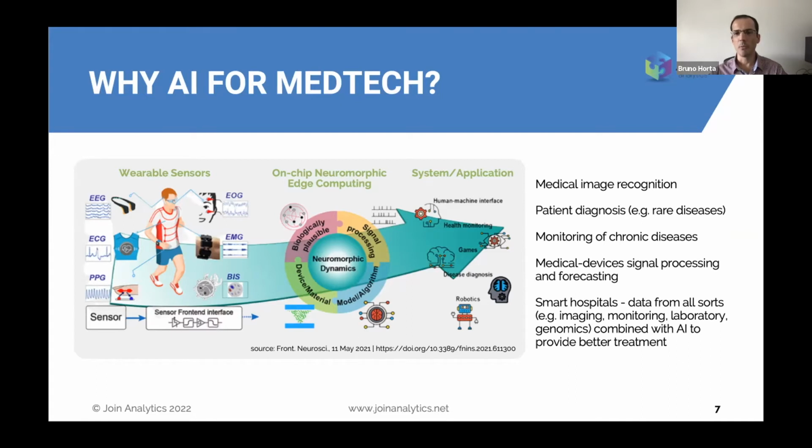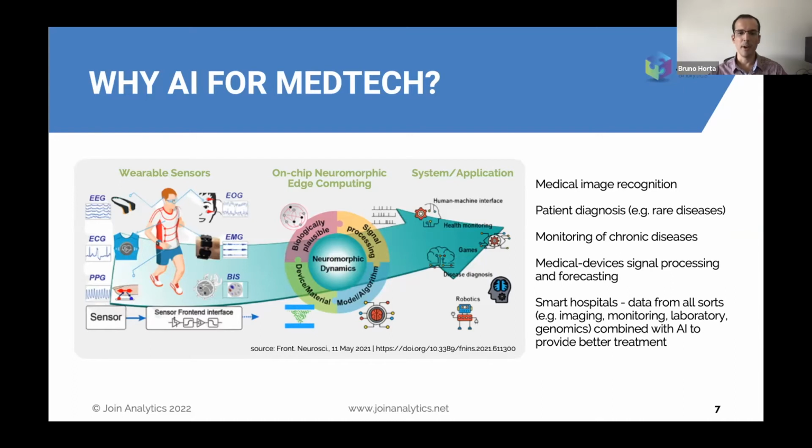Data gathered from medical devices and signal processing can highly benefit from AI interpretation and insights.